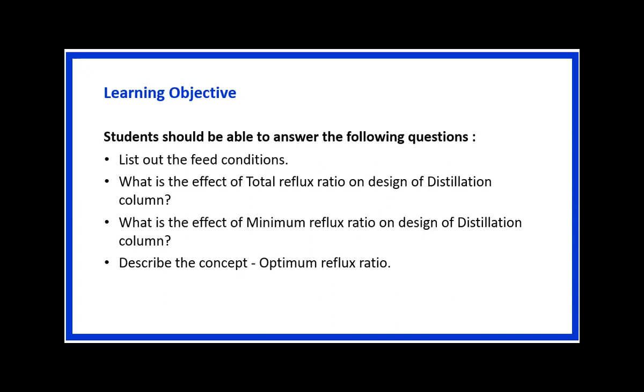Then, what exactly the total reflux condition, minimum reflux condition and optimum reflux condition are. And then we must discuss the important parameter, the optimum reflux ratio, which is mainly required in industrial design calculations, especially when we are talking about the technical feasibility and economical feasibility of any type of distillation column.